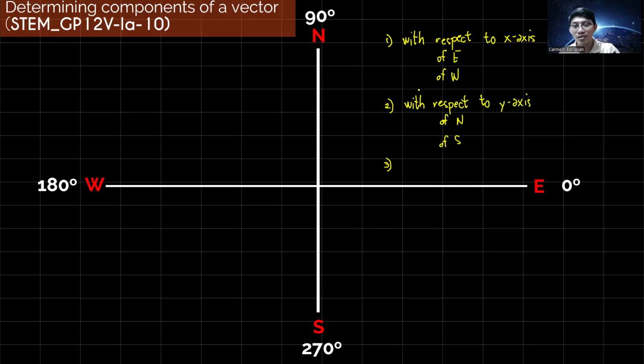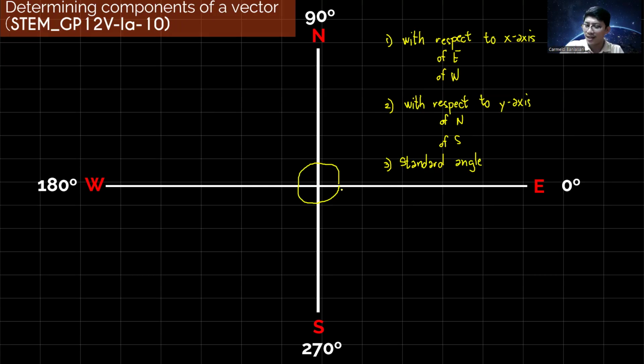We can also use the standard angle as our way to describe direction. I think this is discussed already in your pre-calculus class. The standard angle always starts from 0, and then 90, 180, 270, and 360. So our reference is always along the 0, the positive x-axis.